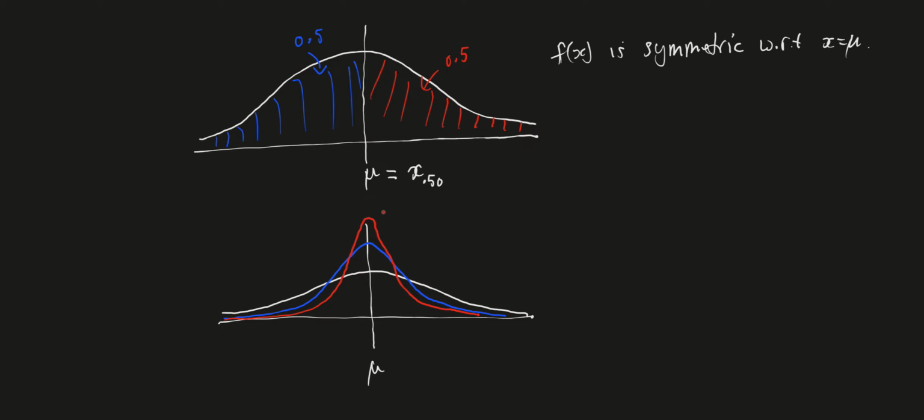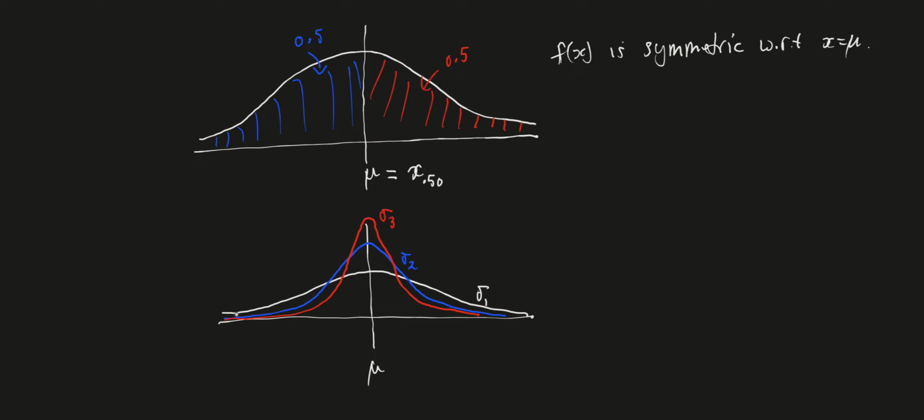This one would have sigma 3, this one would have sigma 2, and this one has a standard deviation we'll call sigma 1. You can say it in two ways: it's a flatter bell curve, or the values are more spread out.